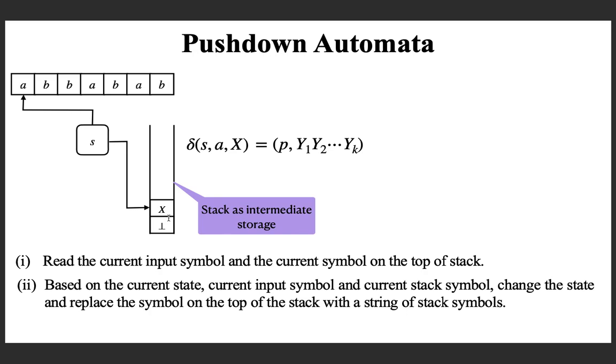Here an important thing to notice is that at every step or transition, a pushdown automaton will take out the top of stack symbol and will push in the string which is defined as a part of the transition. And how is it pushing in?